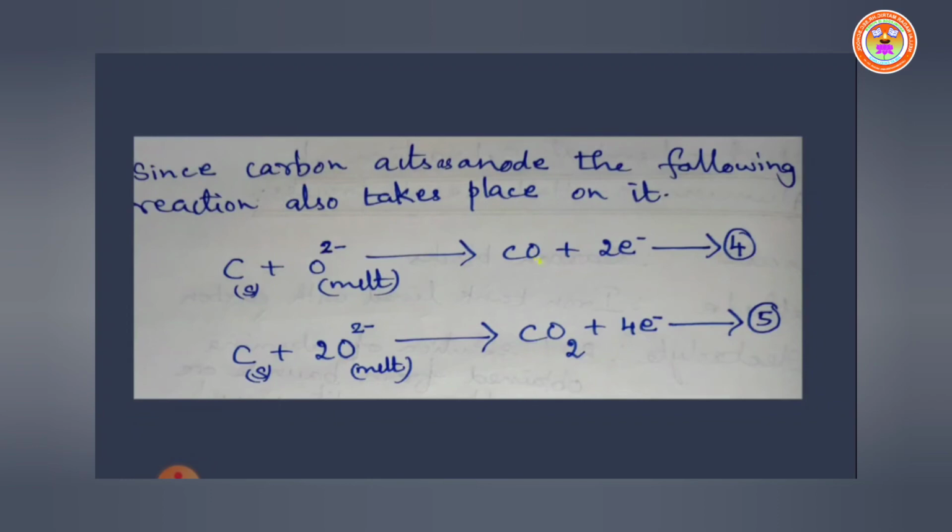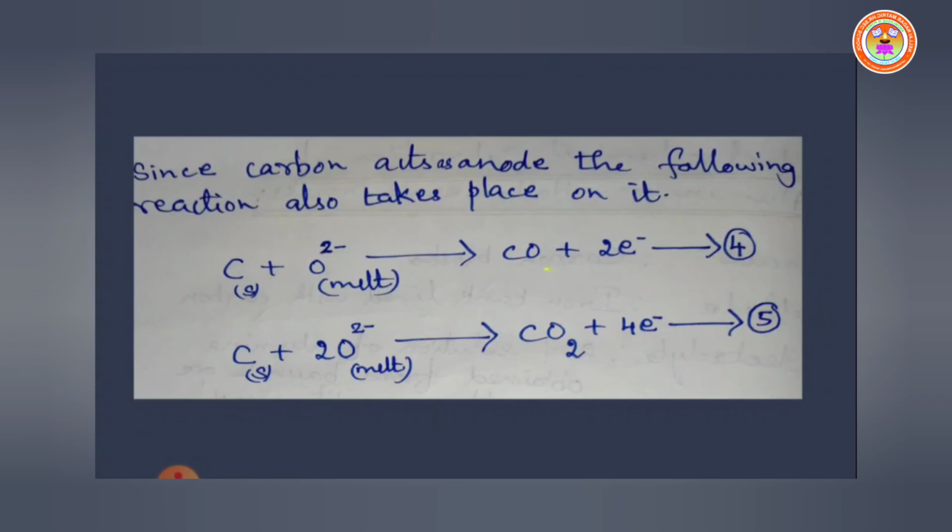Since carbon acts as the anode, the following reaction also takes place: carbon undergoes oxidation and is oxidized to carbon monoxide or carbon dioxide. Actually, the carbon block is undergoing burning.